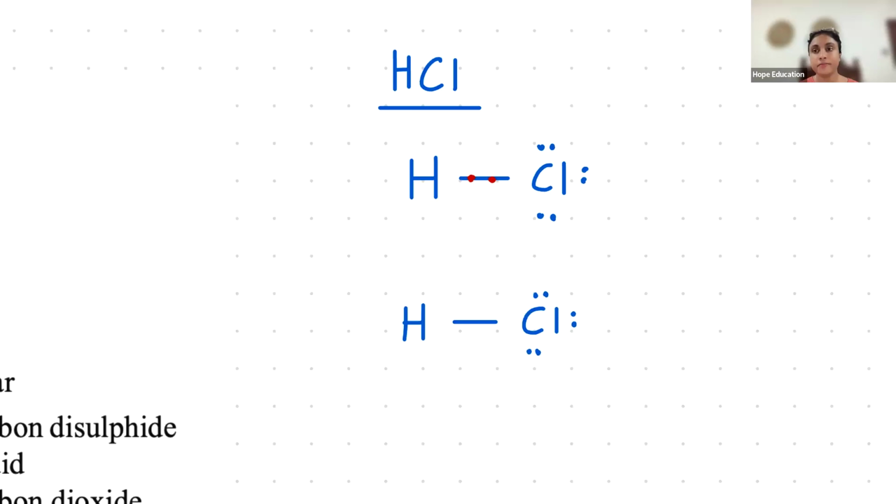Come on. Hydrogen and chlorine, which one has a higher electronegativity? The higher one. Don't you remember those grade 10 lessons? In the structure of matter lesson we talked about first ionization energy and electronegativity.